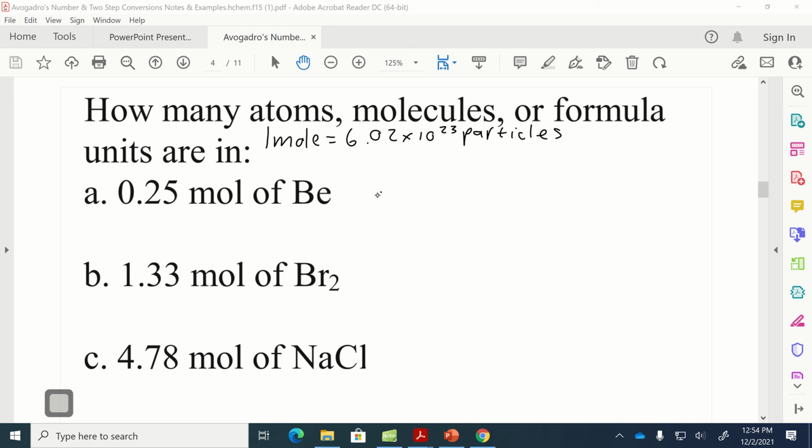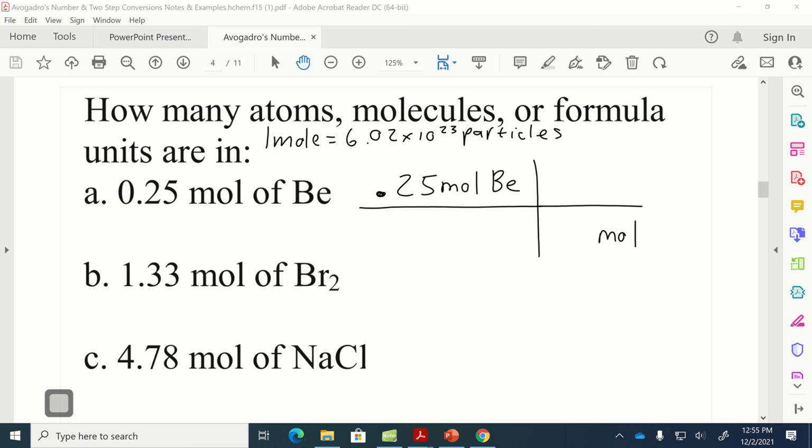What I would do there is write out the number you're starting with, with the unit, and right now I encourage you to write the symbol. In the end, the symbol won't do anything, but it's good to know what we're referring to. I like doing the train track method with my dimensional analysis. The whole idea is, I'm in moles, and I'm trying to go to atoms. What you're coming from goes on the bottom.